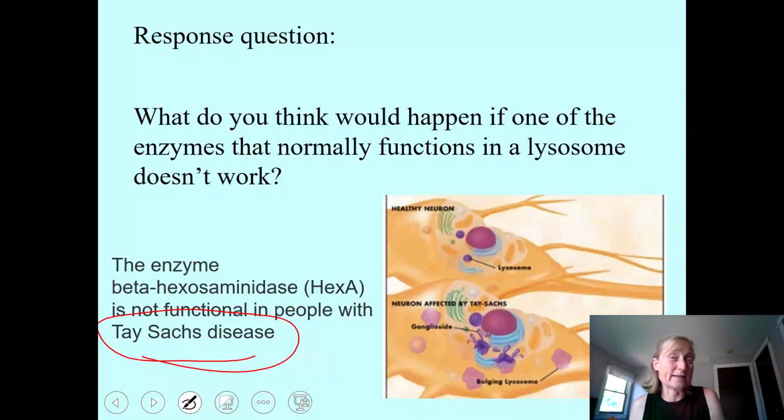It's a horrible genetic disease that occurs when someone inherits 2 mutant copies of a gene, and they can't make the enzyme beta-hexosaminidase A, or HexA. The gene codes for an enzyme that functions inside lysosomes. You can check out, if you want to read up on Tay-Sachs disease, you can probably address this question.